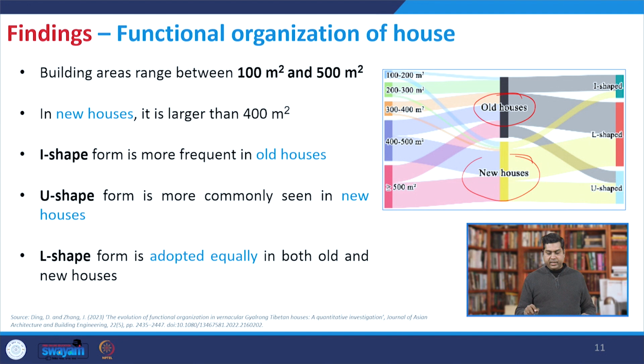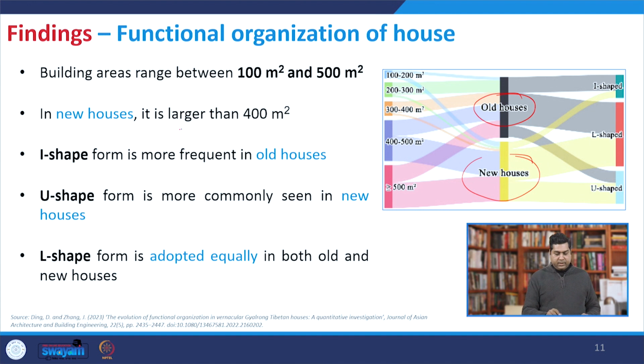In this case it varies from 100 square meters to 500 square meters, and mostly old houses have lesser dimensions. Obviously, at that time the number of people living in a family was less, or the functional requirements could be satisfied with this.